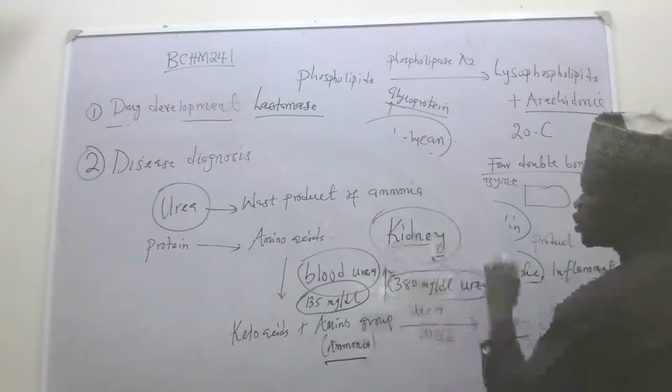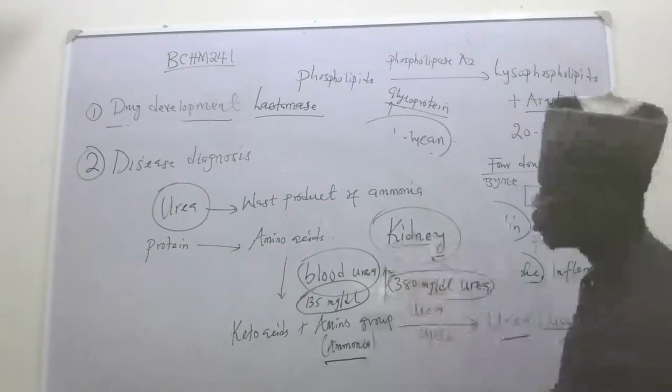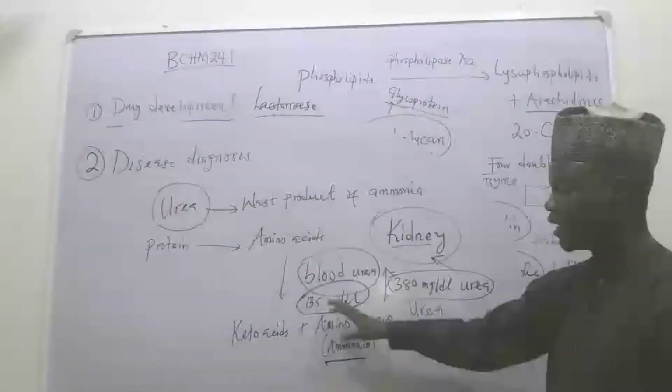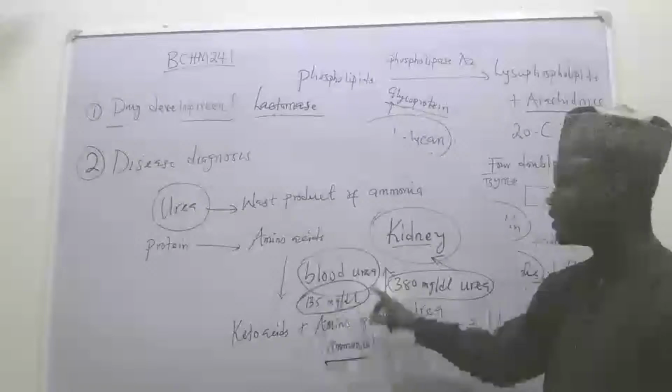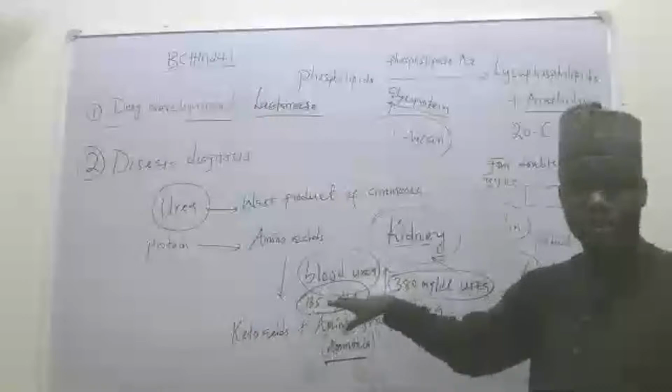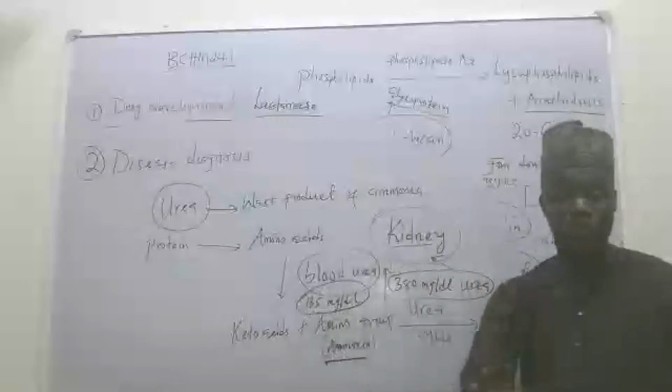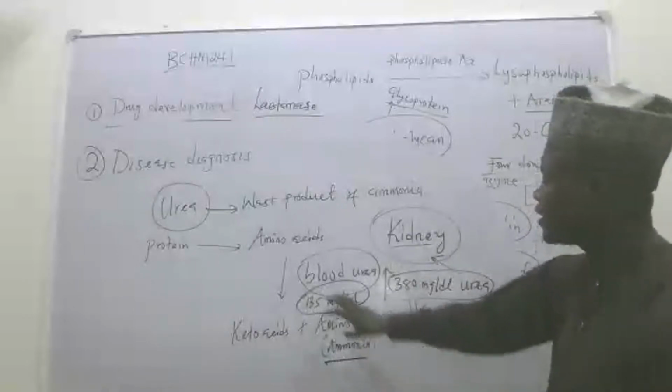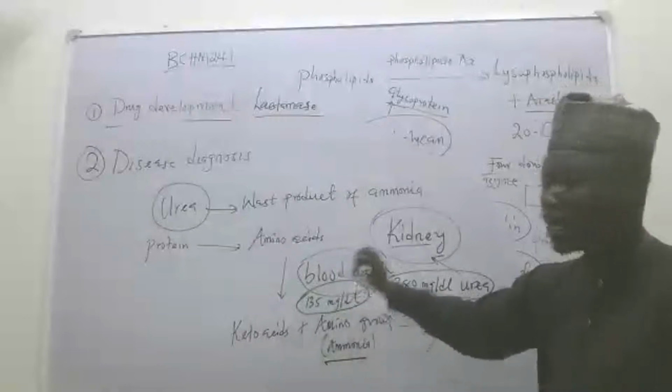Between the liver and the kidney, which one do you think has the problem? I'm just giving an assumption for you to understand. Let's say this is what you're supposed to have as the urea in your blood.